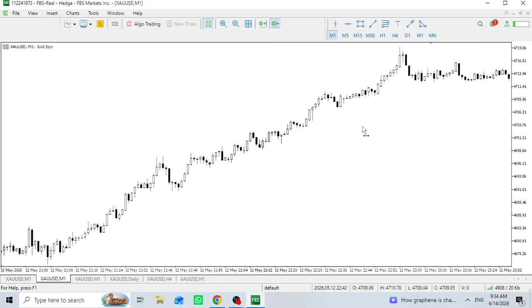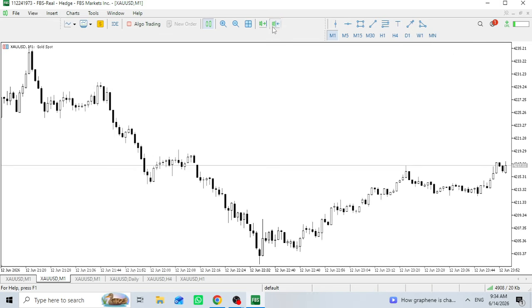If you want to understand the candles, you start from the basics. The basics: a bullish candle, a bearish candle. That's where you should start from.